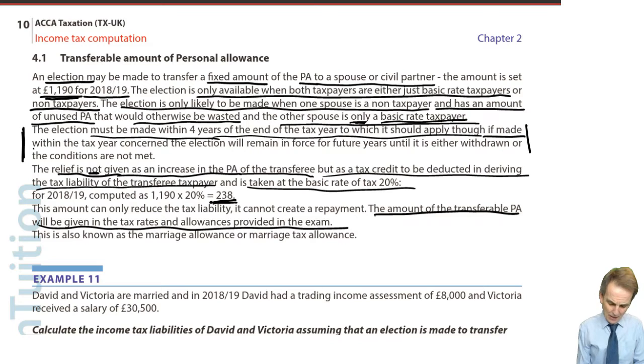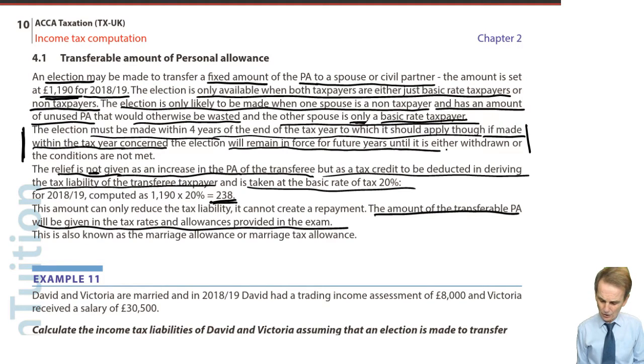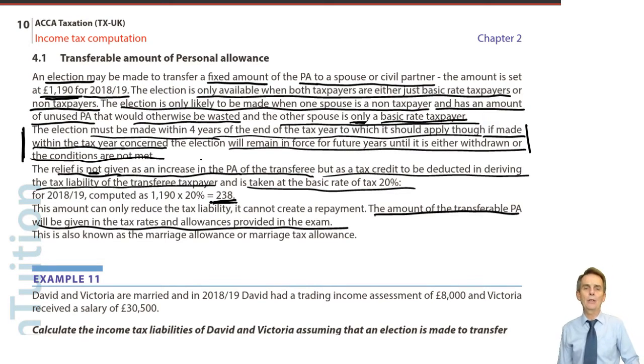If the election is made within the tax year concerned, so sometime within the 18-19 tax year, before the 5th of April 19 for that tax year, then that election will remain in force for future years until either it's withdrawn or the conditions are not met. For example, if one of the taxpayers, the transferee, becomes a higher rate taxpayer, then it would not be available. So again, a sensible bit of admin there.